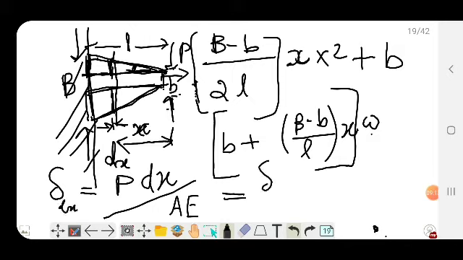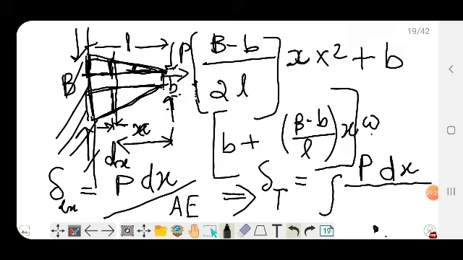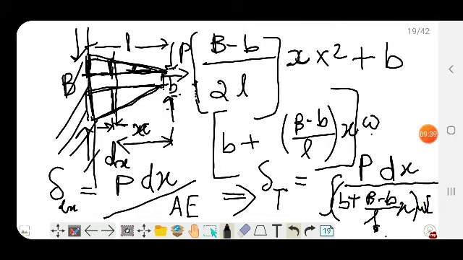Total deformation can be obtained by integrating P dx by b plus (B minus b) by L times x, times w times E. So that equation is what they have written.